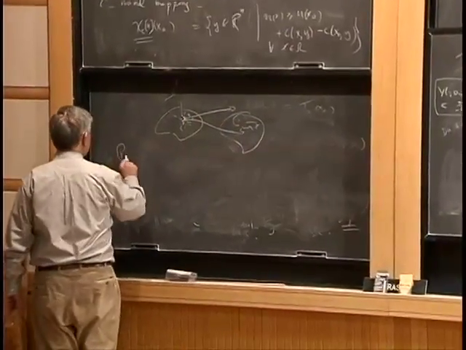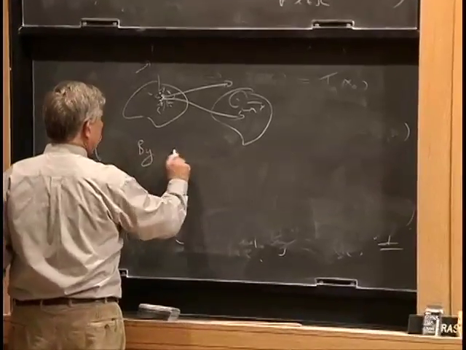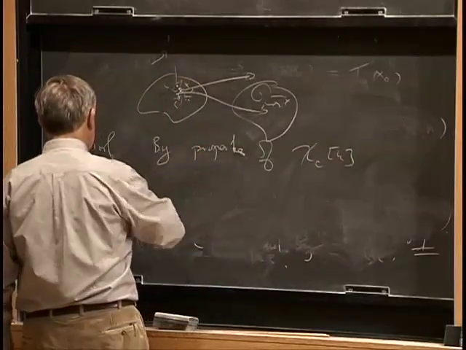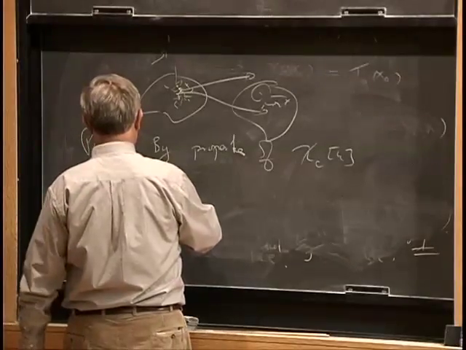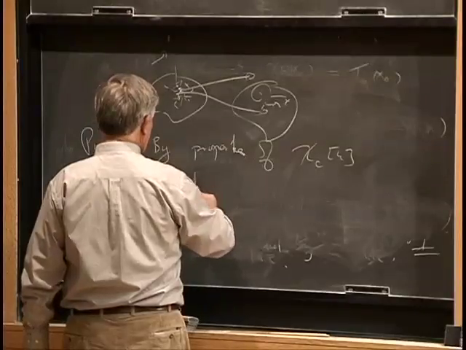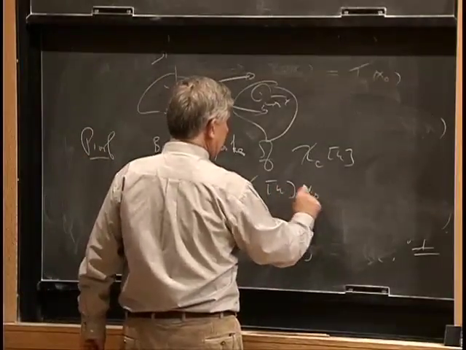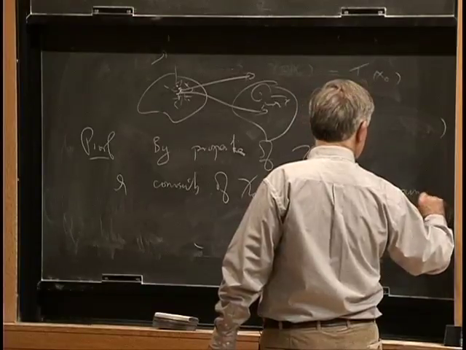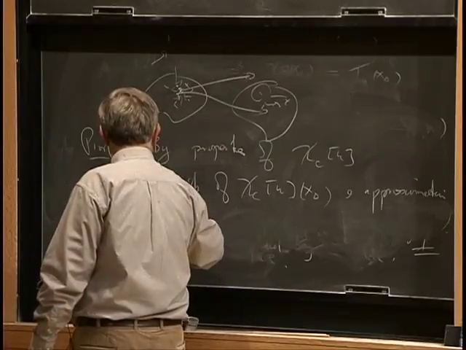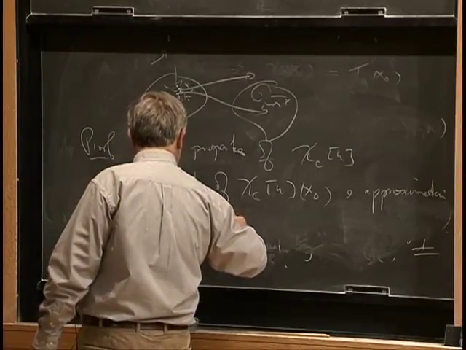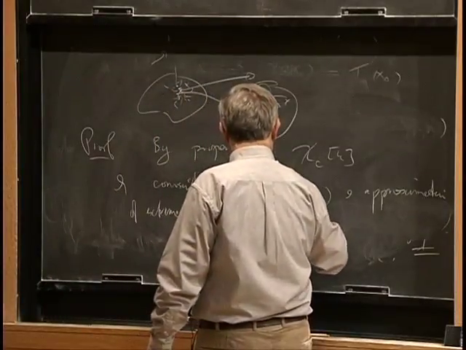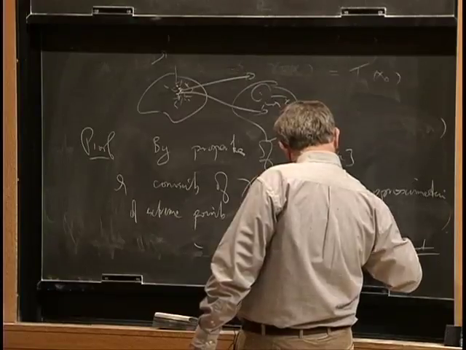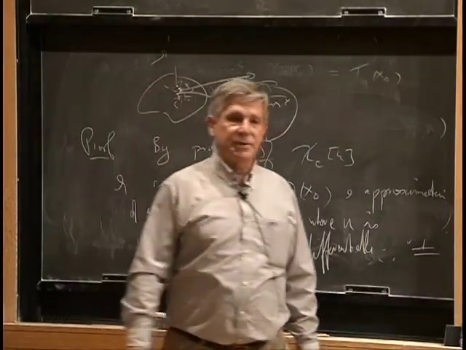So the proof then follows from the properties of the chi Cu, the convexity of chi Cu at x0, and the approximation of the extreme points of that set by points of differentiability, points where u is differentiable. That's one of the important ingredients in this whole story.